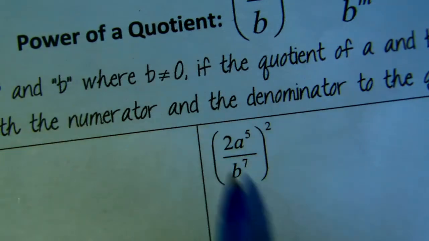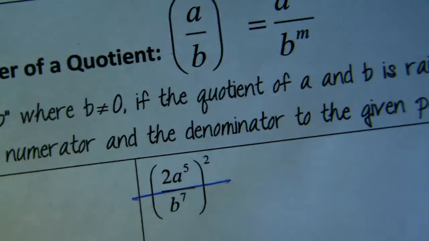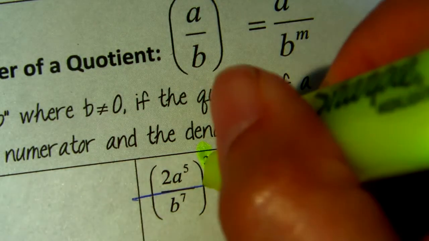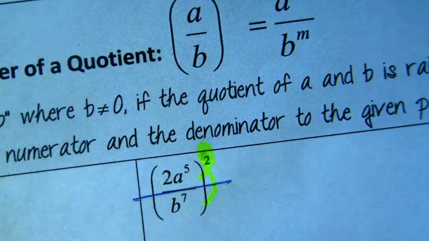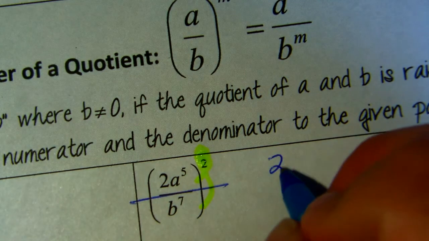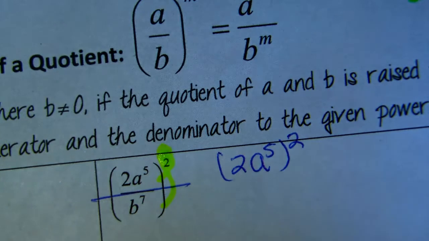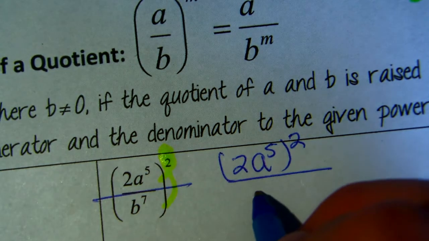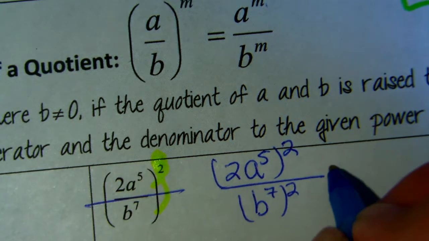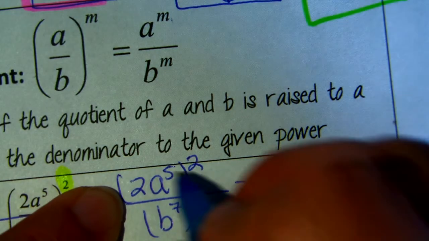All right. Over here, we're going to split this. And the 2 is going to be split between this one and this one. So you have 2a to the power of 5, to the power of 2. And in the bottom, you have b to the power of 7, to the power of 2. What did we say happened over here? If you have a product, you split them.